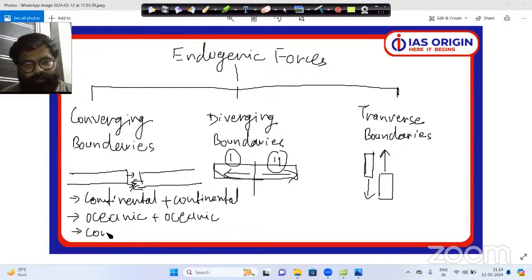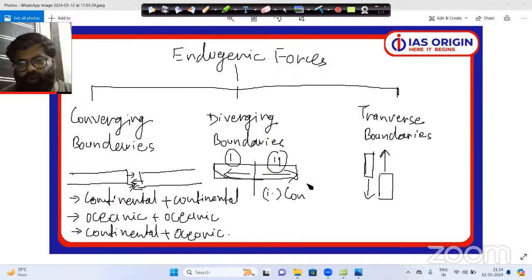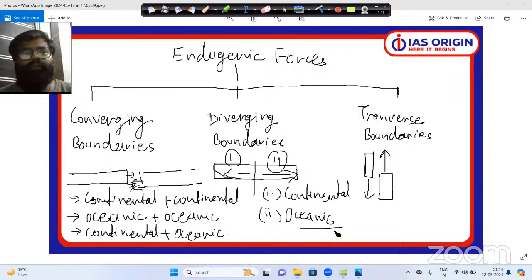And then a continental plate will be converging with an oceanic plate. And in diverging, there will be just two scenarios: a continental plate being broken down into two plates, and an oceanic plate being broken down into two different plates.